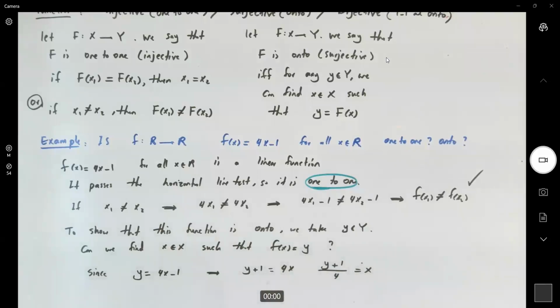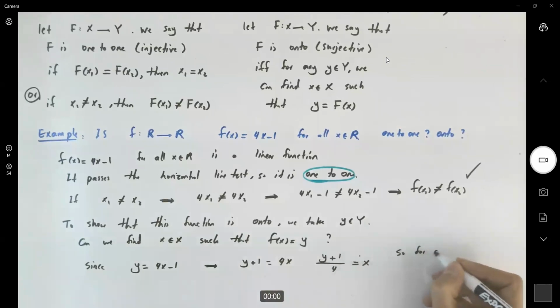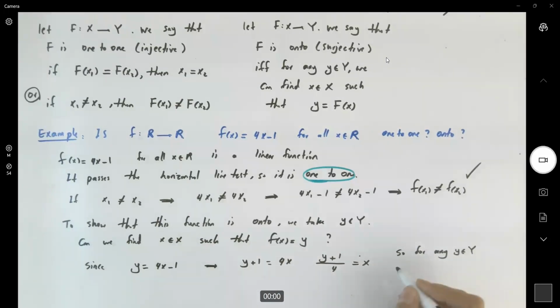So for any y, we can define x to be y plus 1 over 4. Just do simple algebra. Add 1 to y and divide it by 4.